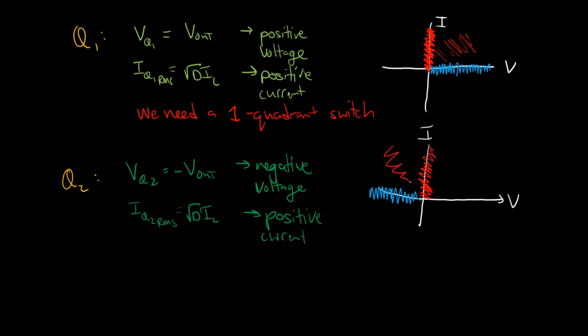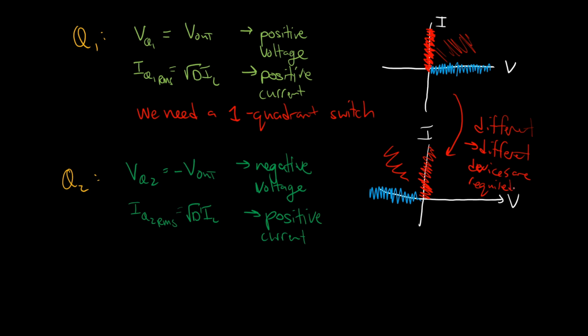So it's a different quadrant. These two characteristics are different, which means different switches, or devices, are required. And we'll get into that a little bit later.